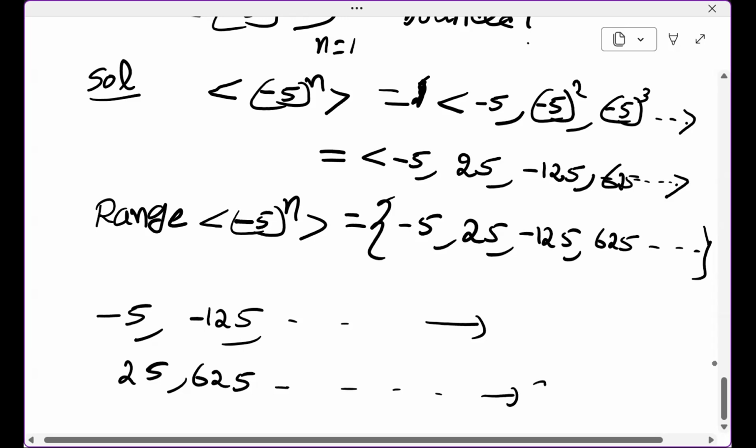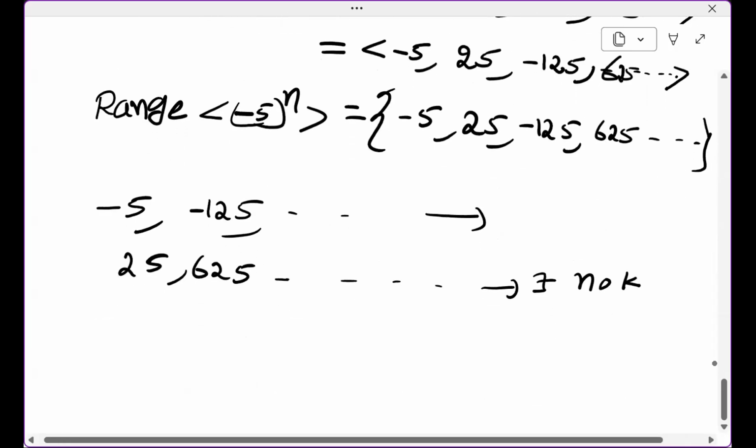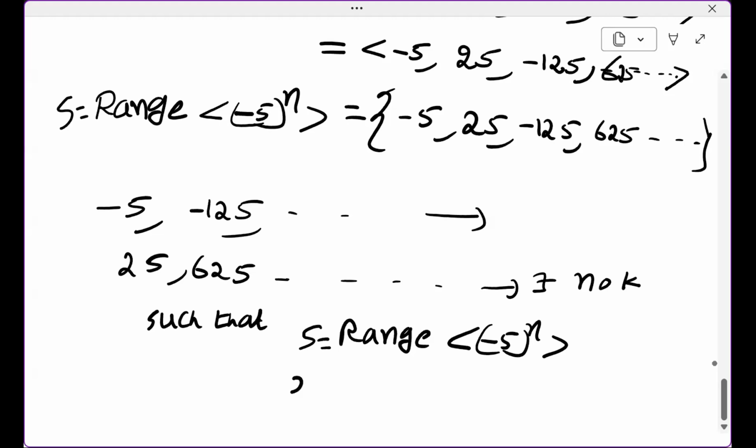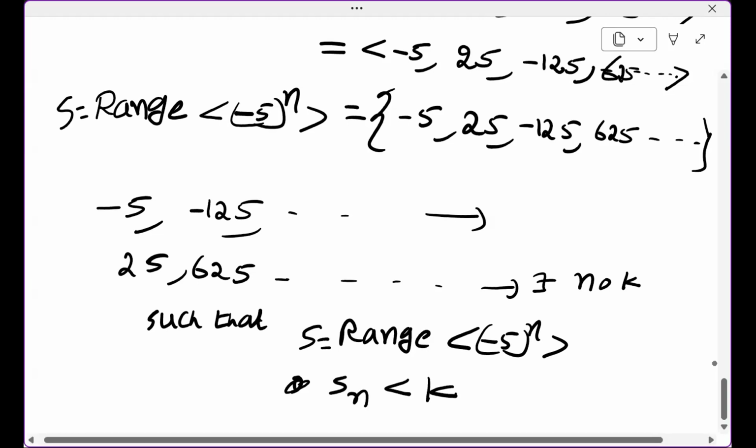So there exists no K such that this is bounded. The nth term is -5 whole power n. Let us call the range of this some set S. There exists no K such that every member, let us say Sn, is less than K. There exists no K such that Sn is less than K for all n.